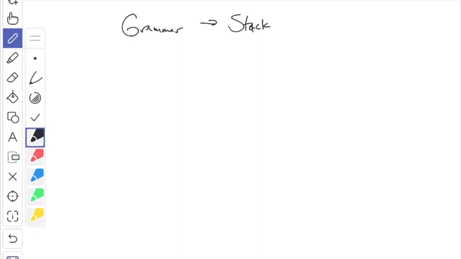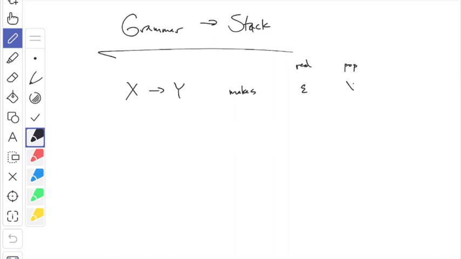But anyway, the idea is if I have a production, say X goes to Y in the grammar, this makes a rule in the stack machine of read epsilon, pop X, push Y. And then we also have rules that say things like A, epsilon, epsilon, or B, epsilon, epsilon.